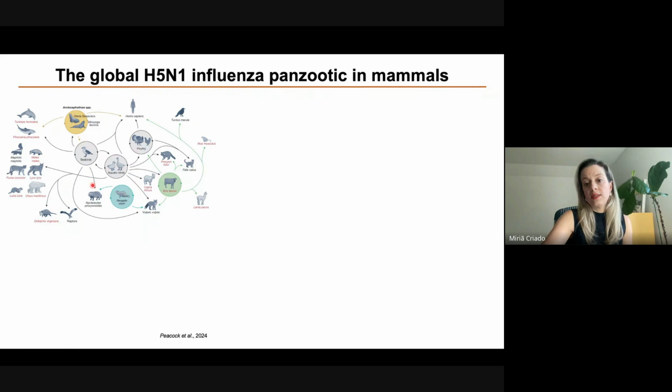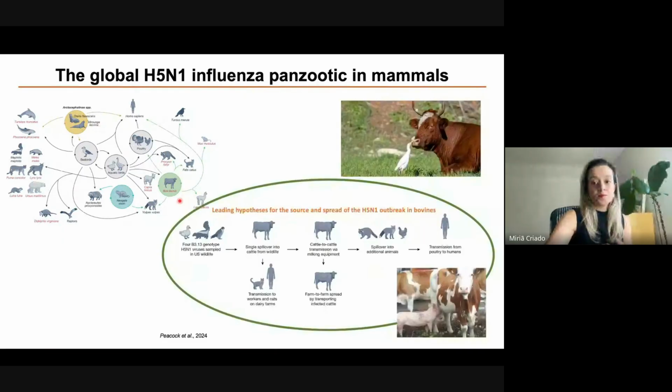And what you have been seeing is that H5N1 influenza is not only restricted to the animals we had before, but now became an epizootic disease in mammals. And one important thing that has been seen is the case of the dairy cattle who have been infected by H5. There are several hypotheses, and there is some work trying to understand how this outbreak happened in cattle, especially here in the US.